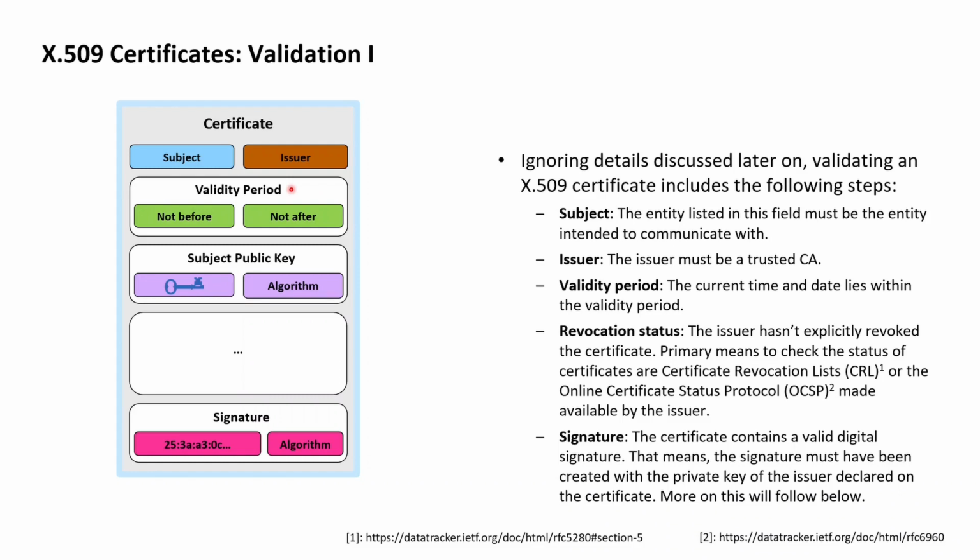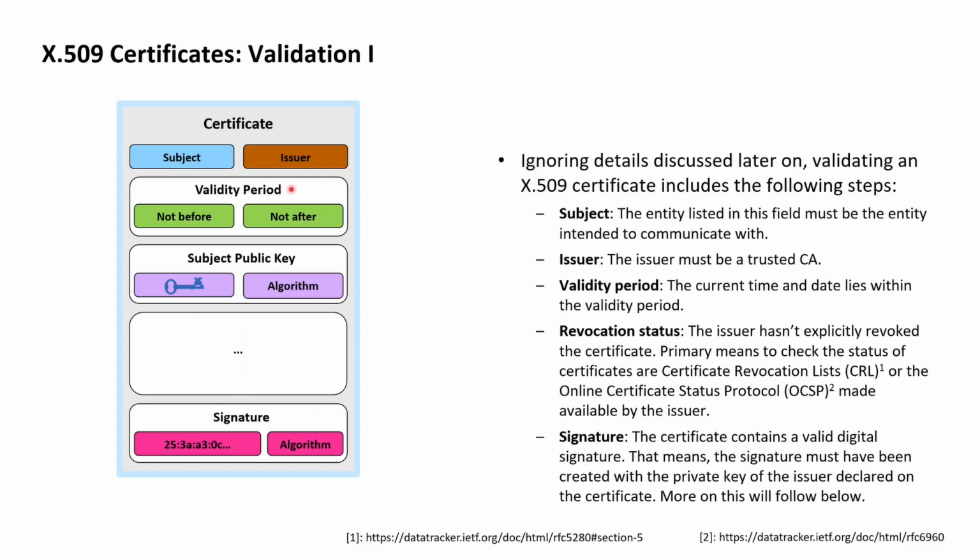A second popular means to check for the current status of a certificate is the Online Certificate Status Protocol, OCSP, which is a simple protocol with which the revocation status of a specific certificate can be requested from the CA and where the CA responds with a status of either good or revoked. The X509 PKI we will construct and put to use later during this course will be equipped with OCSP responders, so stay tuned to soon see OCSP in action.